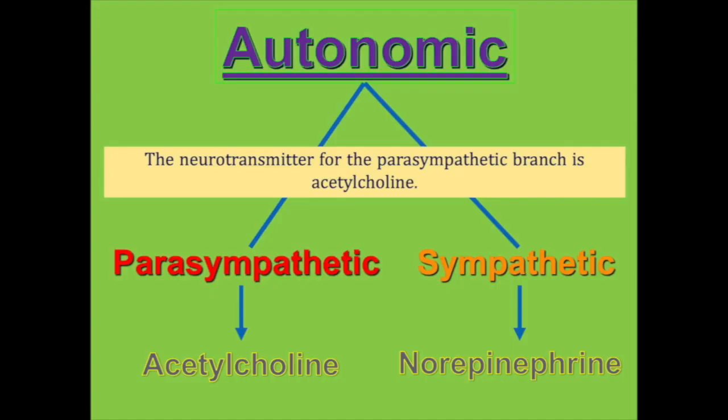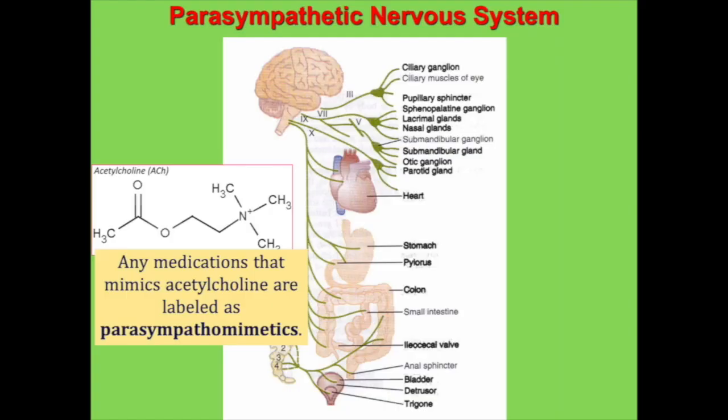Let's now look at the parasympathetic side of the system. With this side, we're not giving acetylcholine, but we've got some drugs that mimic or block acetylcholine, and they're called parasympathomimetics. And they're going to really function more not to mimic acetylcholine, but to block its effects because it has such potent effects on the heart, especially.